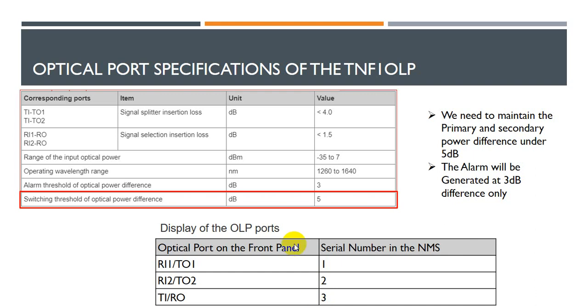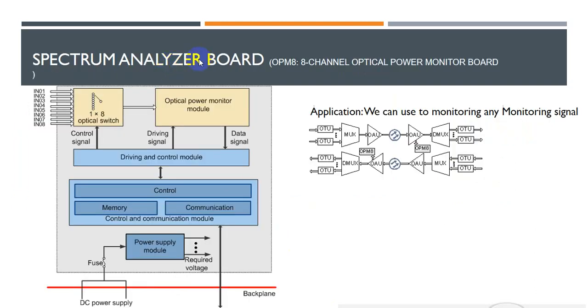Okay, the rest we have already studied. This is the spectrum analyzer board, the OPM, optical performance monitor. The 8 means it can monitor 8 signals. It is like a selective switch, so at a time you can only monitor one signal from this OPM board, which you can switch.